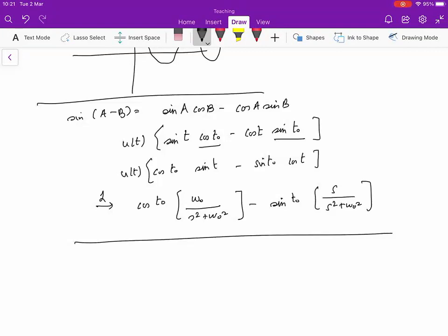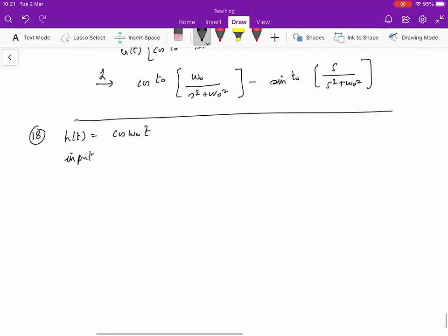So we're given that the impulse response h of t is given by cos omega naught t, and the input is given by e to the minus t u(t).